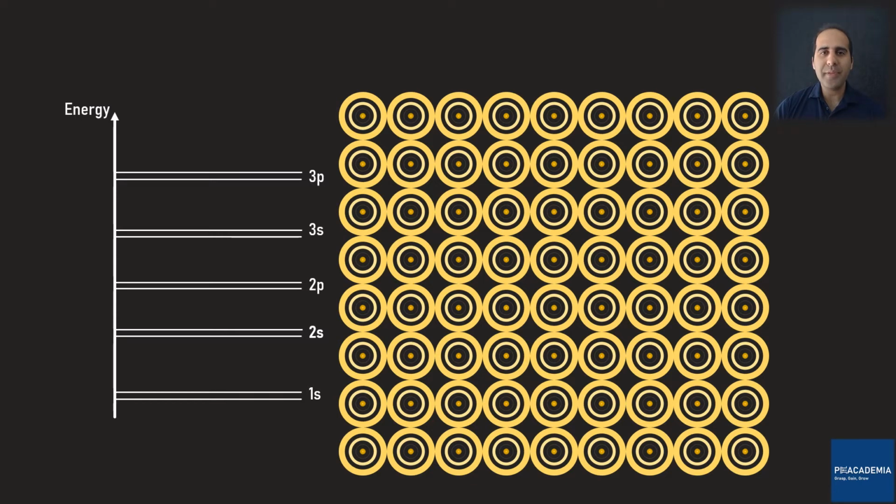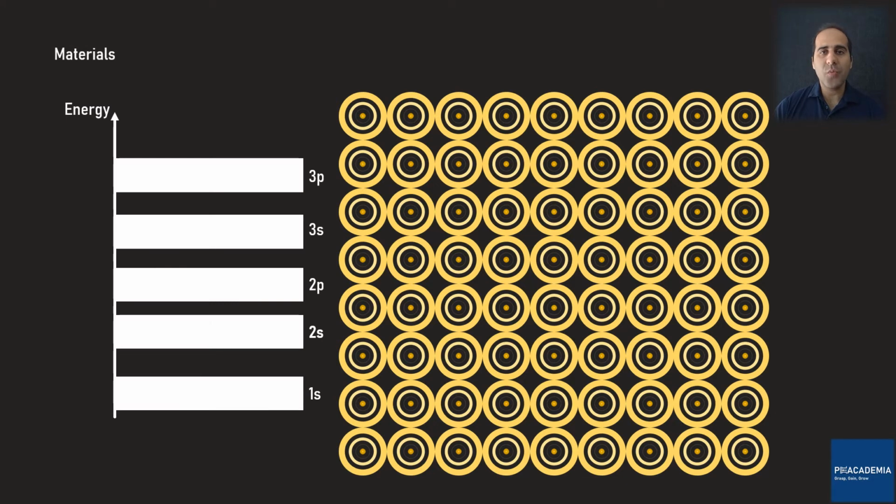The energy splitting takes place even in this situation, but since there are too many energy levels split and the energy levels are placed tightly beside each other, it is not possible to distinguish individual sublevels. What we can observe is a set of bands. This is why for materials we have the energy band, not the energy diagram.